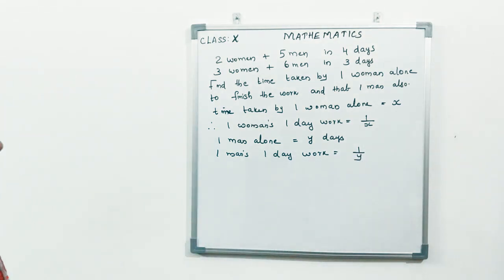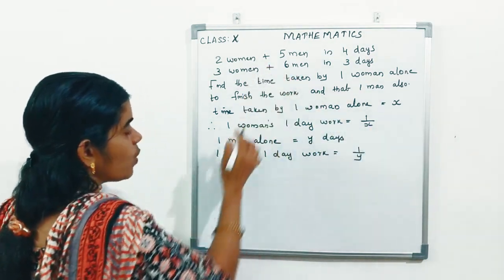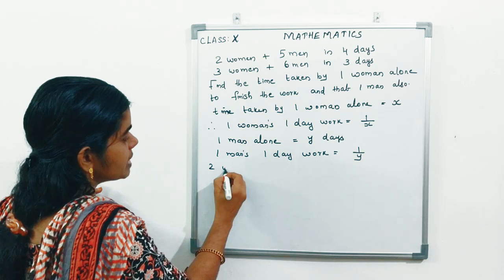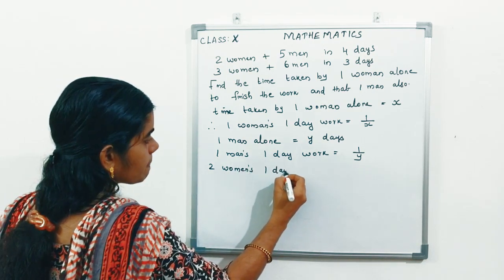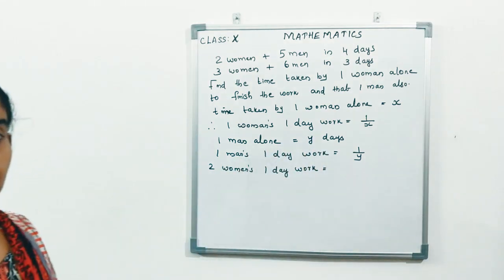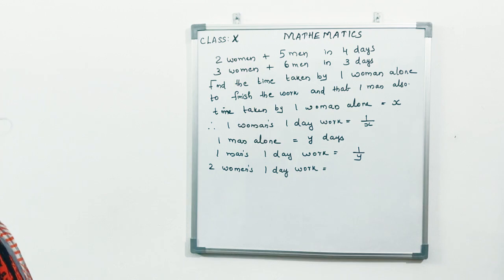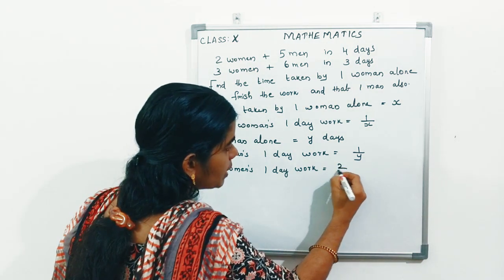Then, one woman's 1 day work is equal to 1 by x. What will be two women's 1 day work? That means one woman's work is 1 by x. Therefore 2 into that, you will get 2 women's 1 day work, that will be 2 by x.